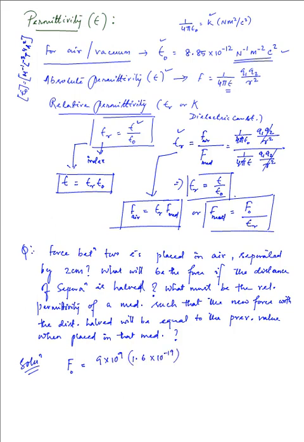It will be multiplied to itself, so I can square it. And then we have the distance of separation between them to be 2 centimeters, which is 2 times 10 raised to the power minus 2 in meters, of course, squared.